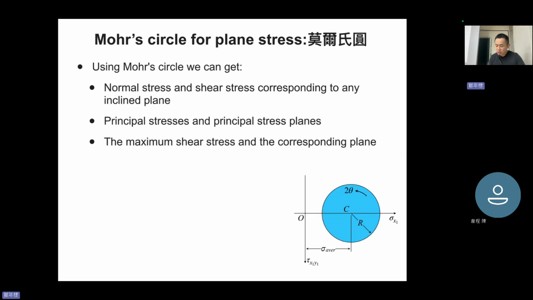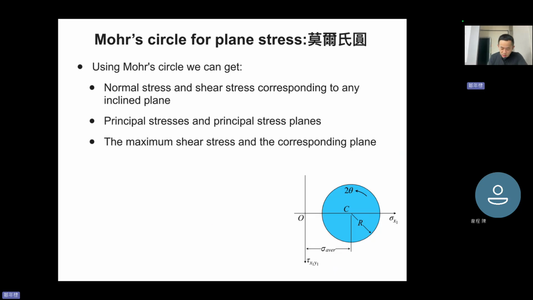But if you include Z direction stress, this small circle may become circles varying in three-dimensional space. Just so you know, this is not everything. Something more advanced, maybe we won't teach that, but I just let you know the concept.